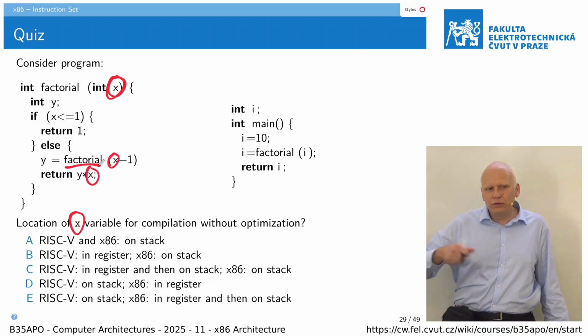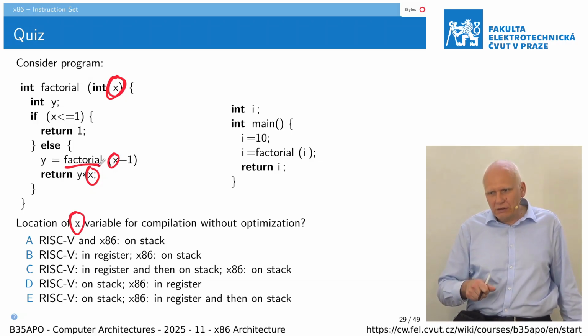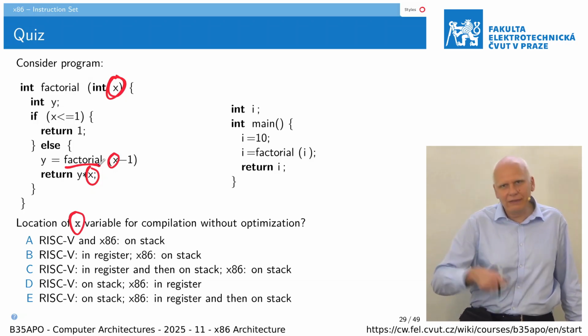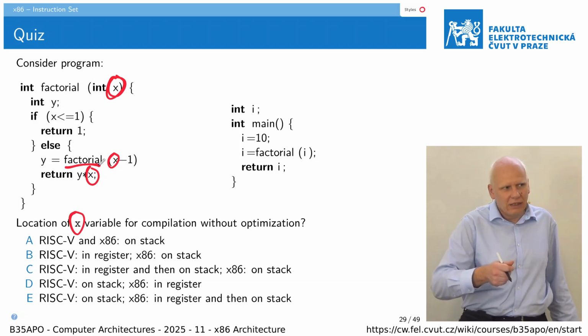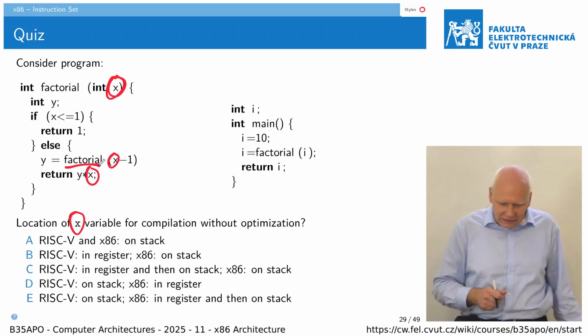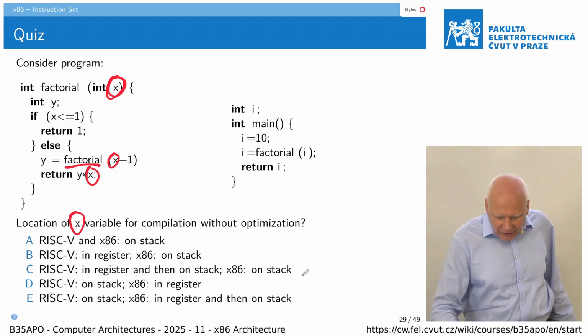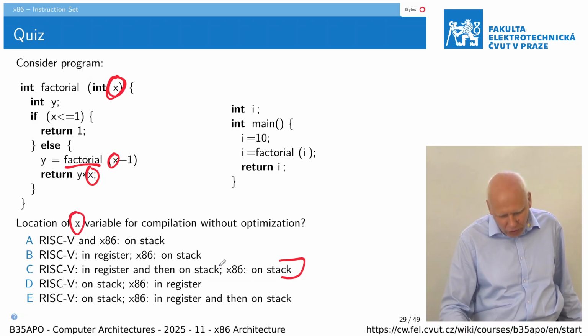So we need to store it in some safe register or onto the stack. And if we store it in the safe register, then the safe register has been stored onto the stack before that. So in the 64-bit case it is in a register, and then on the stack; for the 32-bit case it is this one for sure, almost for sure.